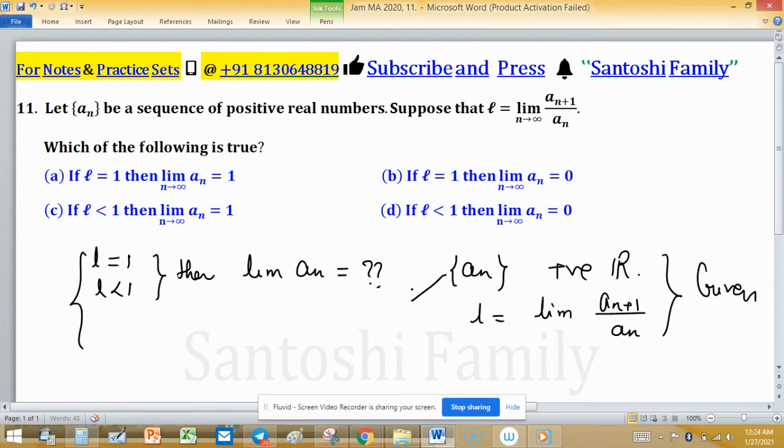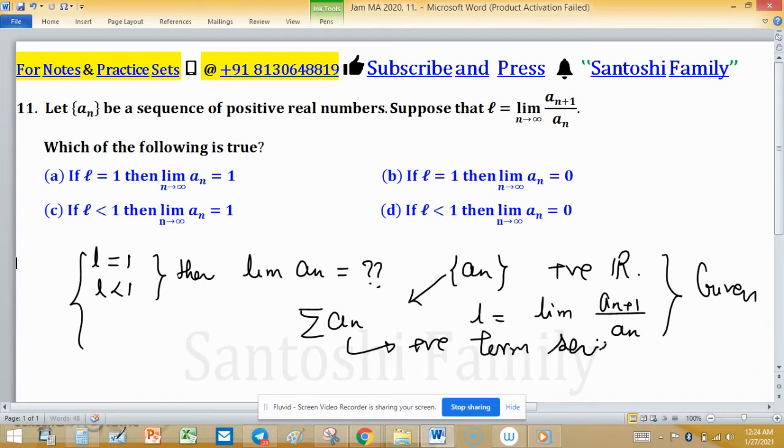Now as a_n is a sequence, if you make a series summation a_n, then this is a series of positive real numbers, or a positive term series, and by the ratio test this positive term series will converge if limit of a_{n+1} divided by a_n equal to L less than 1.